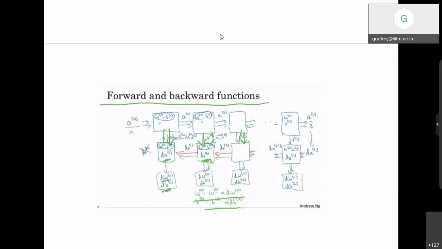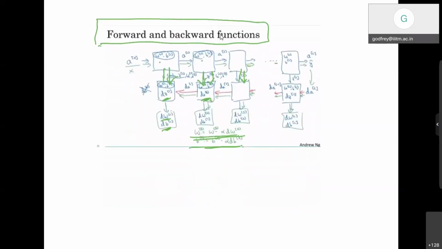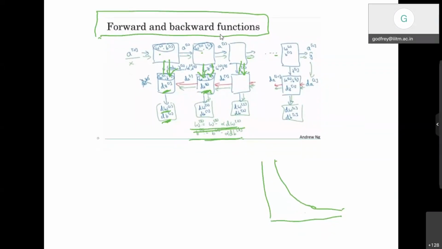So basically in a neural network you have a forward propagation and a backward propagation. The forward pass computes the expressions, the backward pass computes the derivatives, and using these derivatives you update the weights at every layer, and keep checking whether the cost function is monotonically decreasing.